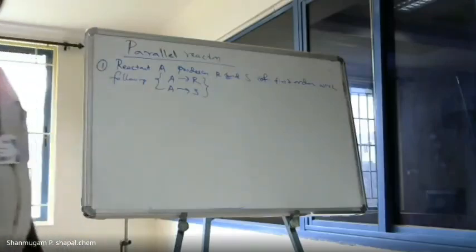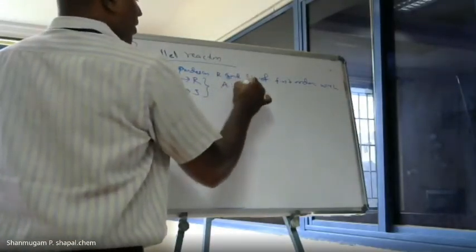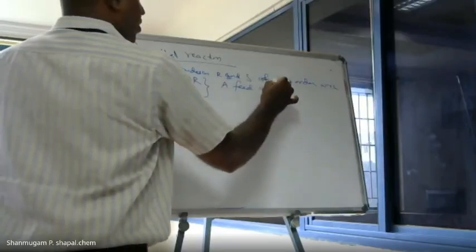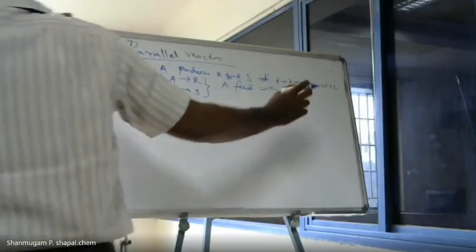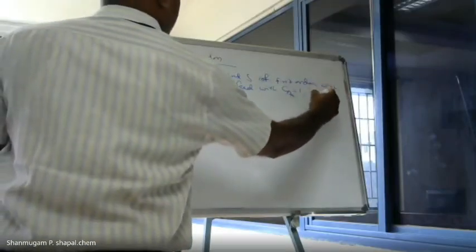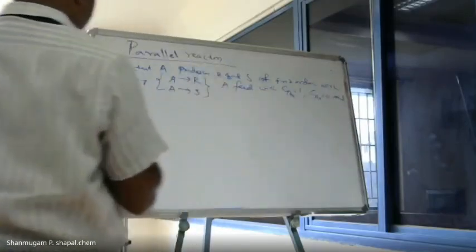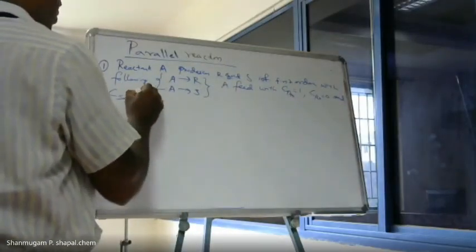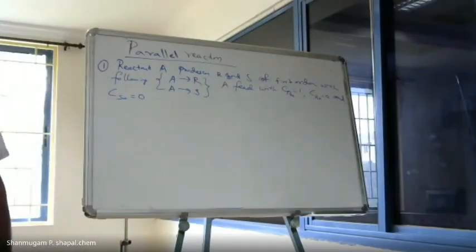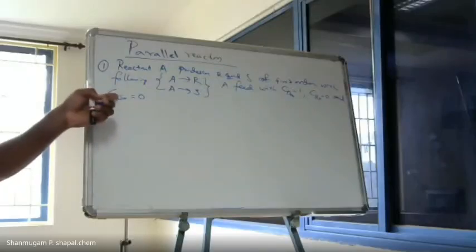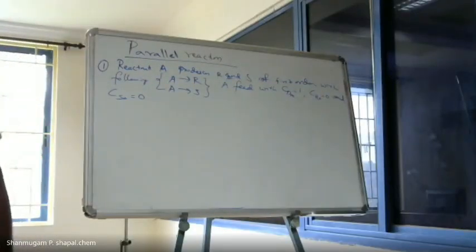Here a feed with CA0 equal to 1, CR0 equal to 0, and CS0 equal to 0. So that means the feed will have CA0 as 1, and CR0 and CS0 are the products, so initially there is no product in the system.